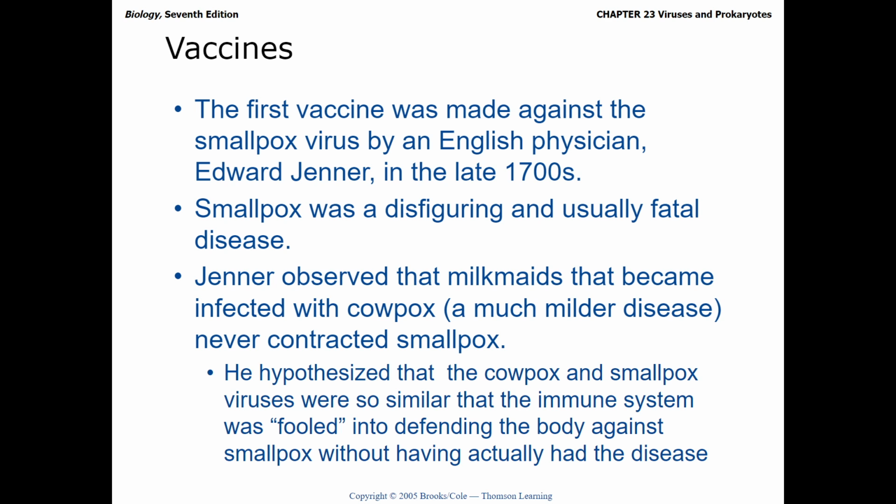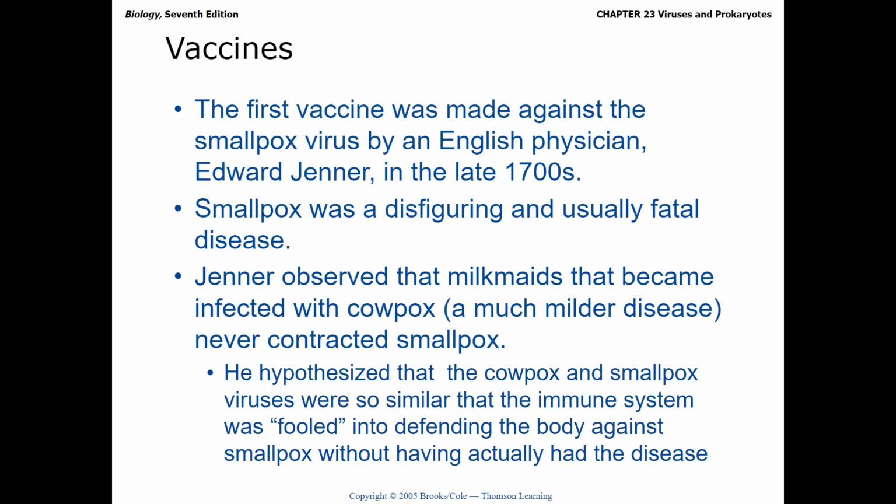And he observed that milkmaids at that time in the 1700s, when they became infected with cowpox, which was basically a milder disease than smallpox, but similar, they actually never contracted smallpox. So, what he hypothesized was that, well, cowpox and smallpox viruses must be so similar that the immune system of the milkmaids was being fooled into defending the body against smallpox, even though the milkmaids had never had the disease.